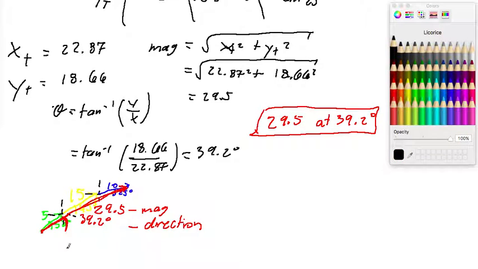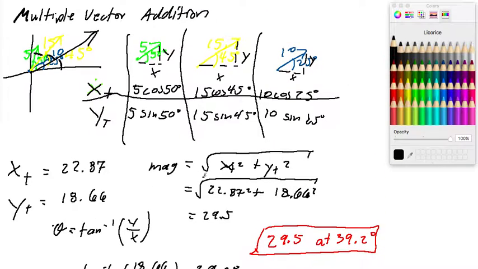And your x and y would be here. So this new vector, the addition of vectors 1, 2, and 3, is the red one, magnitude 29.5, and a direction of 39.2.